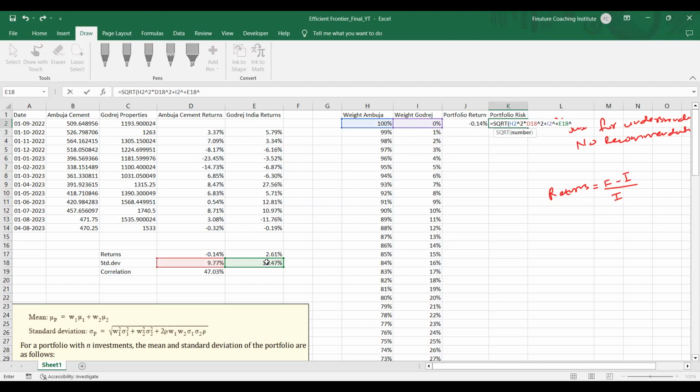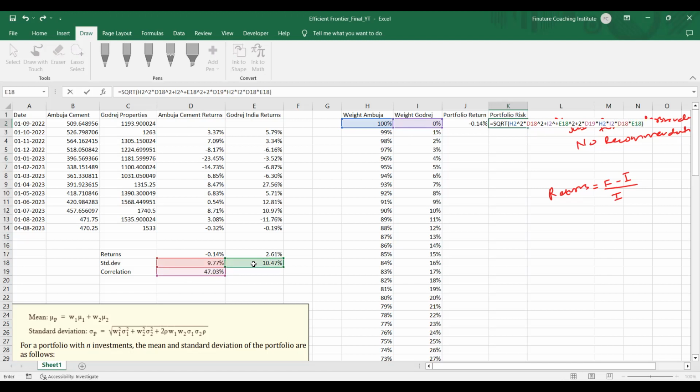Initially it was Ambuja, my bad, but yeah, it was put in correctly. So W1 square sigma 1 square, W2 square sigma 2 square, plus 2 into correlation times weight 1 into weight 2. It's a multiplication, so it's fine, A into B or B into A. So weight 1, weight 2 into sigma 1 into sigma 2.